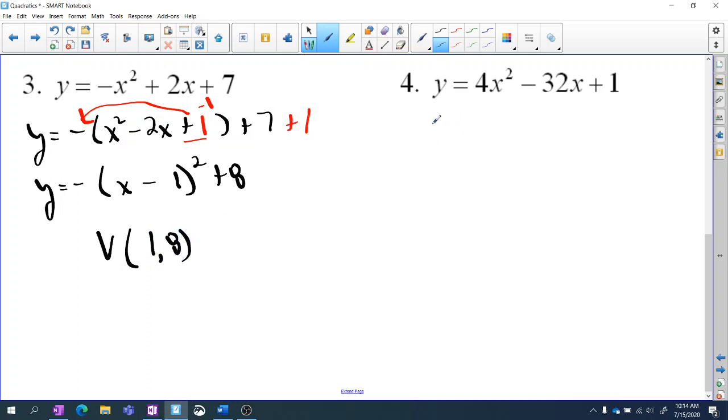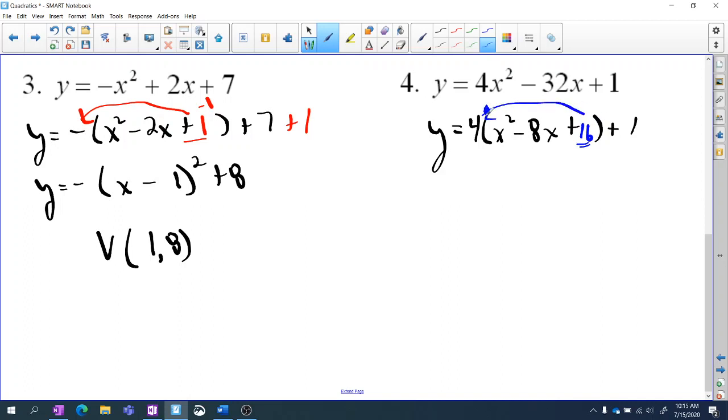Okay, one final one. This time factor out your 4. So that became an 8. I divided that by 4. I got my plus 1 here. Half of 8 is 4. 4 squared is 16. This number is going to get multiplied by the 4.